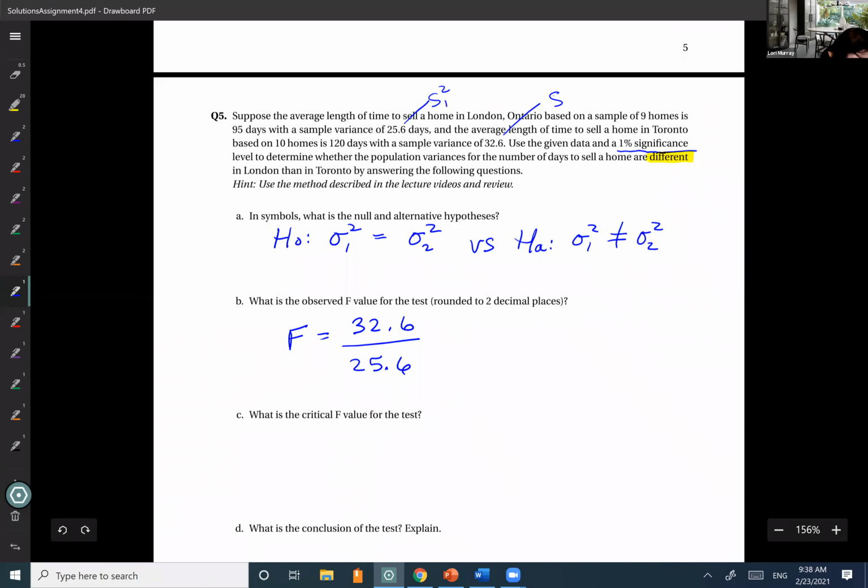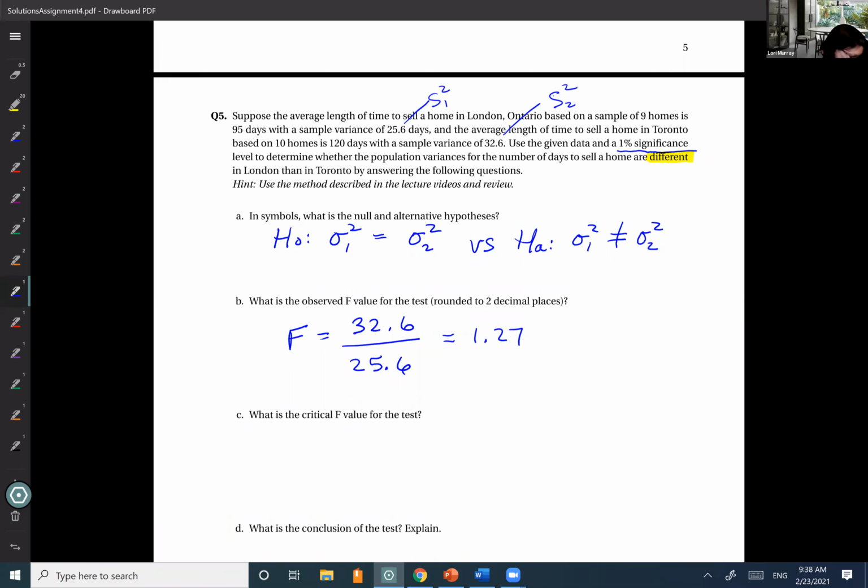And this one's S2. Those are the sample variances, S1 and S2. And you can see that the largest one is S2. So we put 32.6, the largest, in the numerator and divide by the smallest one, and we get an observed F of 1.27, right?